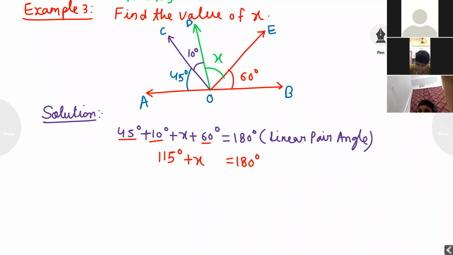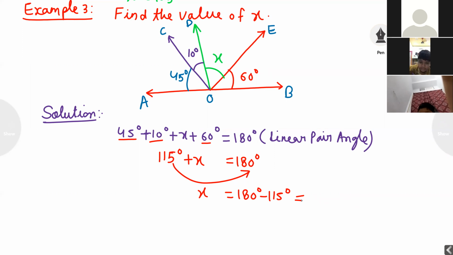I want to find out the value of x. 115 plus quantity becomes minus. x is equal to 180 degrees minus 115 degrees is equal to 65 degrees.